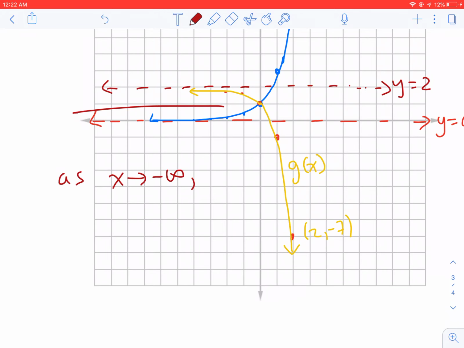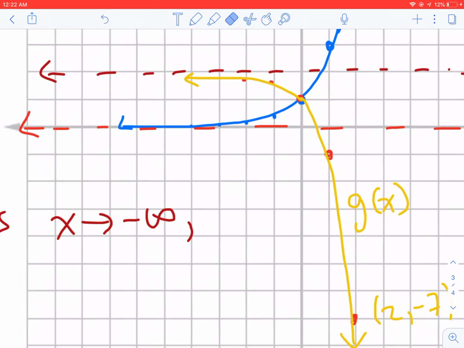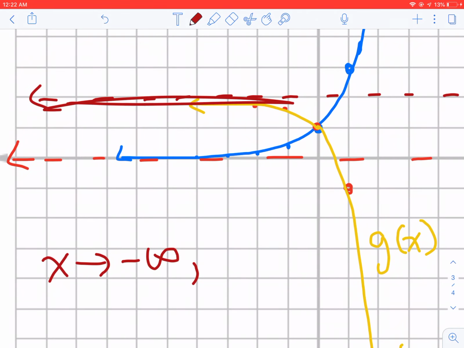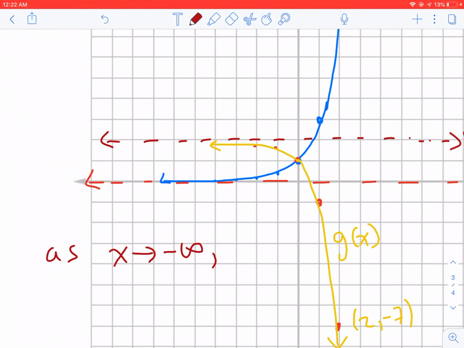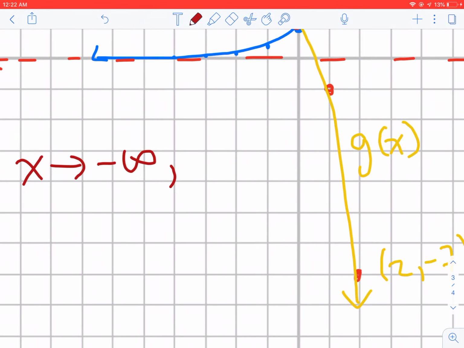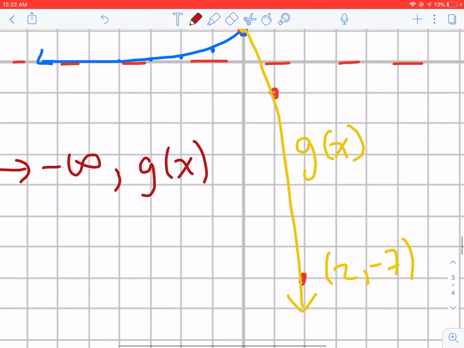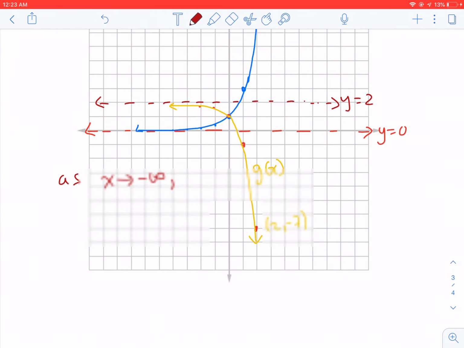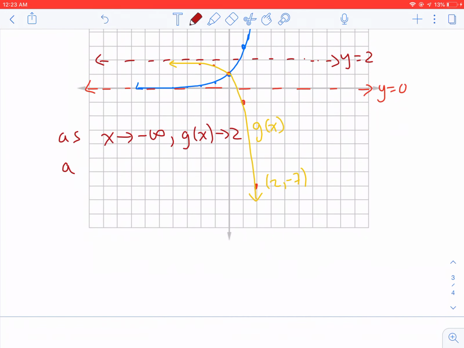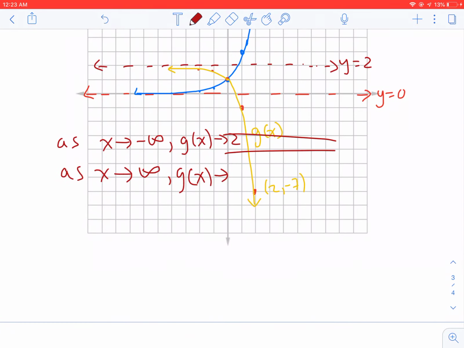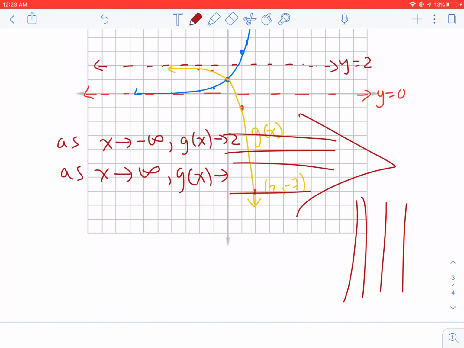So as we're going this way, to negative infinity, what are the y values approaching? And we can see we're getting closer and closer to this asymptote here at y equals 2. So as x approaches negative infinity, our function g of x approaches positive 2. And as x goes to infinity, so as you go to the right, this function is going down to negative infinity.